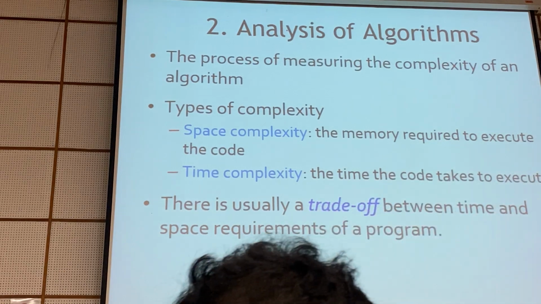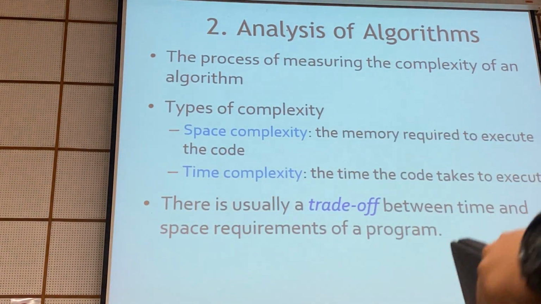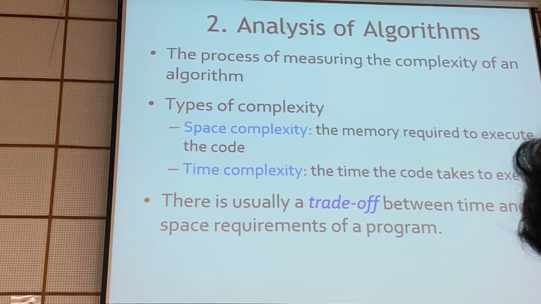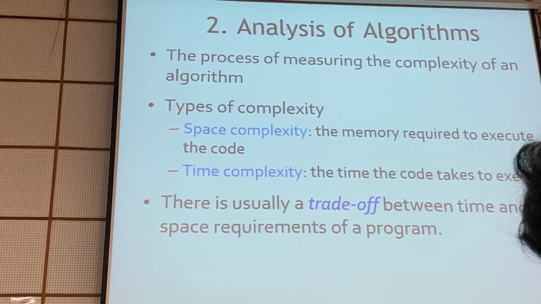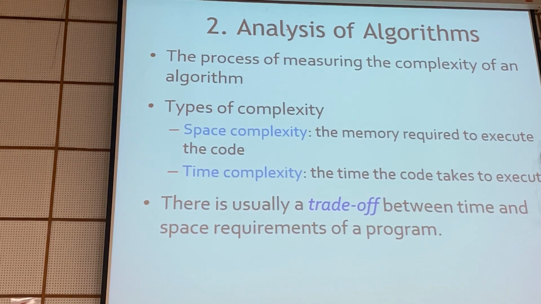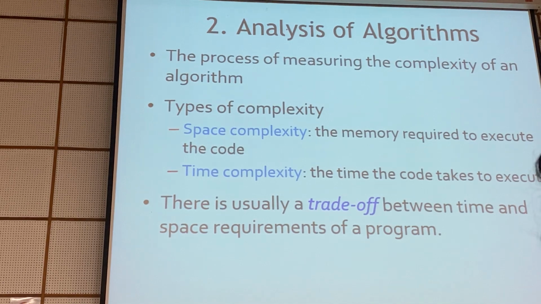Now you want your application to run on the phone, so what do you have to do? You have to compensate for the speed of the memory. It's more about the resources that you're going to use.